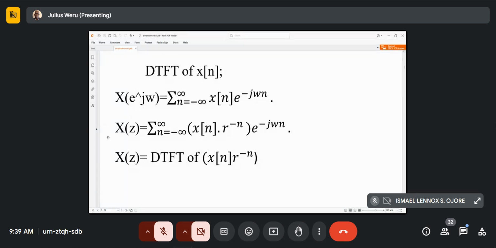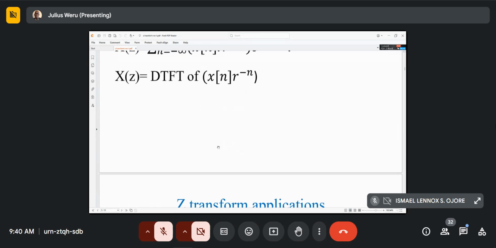And the Z transform is simply the same, but we have this x[n] multiplied by r^(-n). So X(z) is simply the DTFT of x[n] r^(-n). Depending on the value of r, this can either converge or diverge.